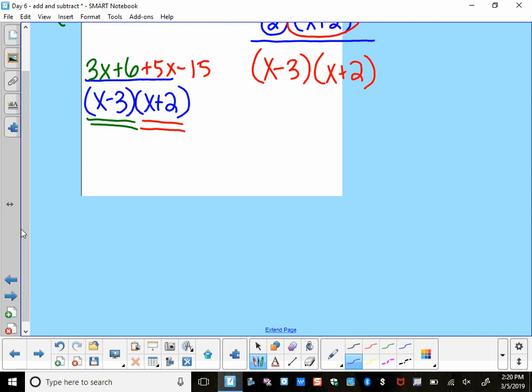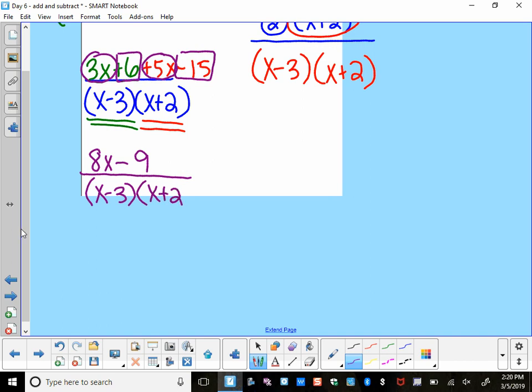Let's simplify my numerator. What is 3x plus 5x? 8x. We always take the sign before. And I have positive 6 minus 15. You should get negative 9. And on the bottom, I have x minus 3 times x plus 2.